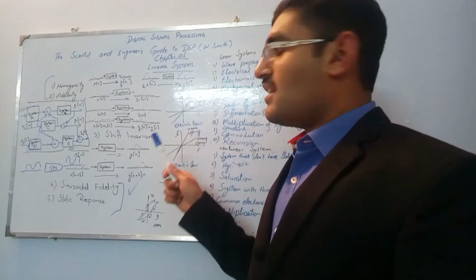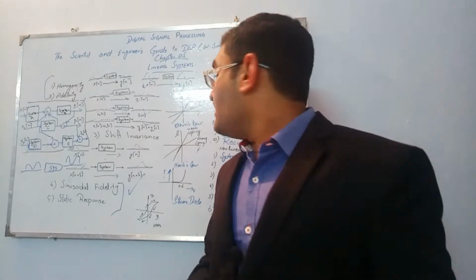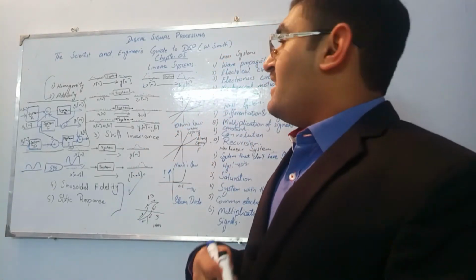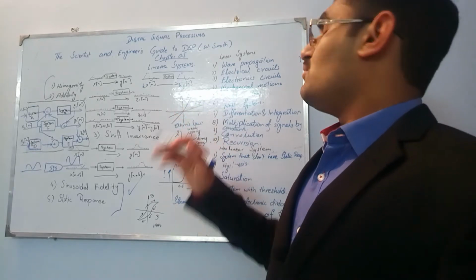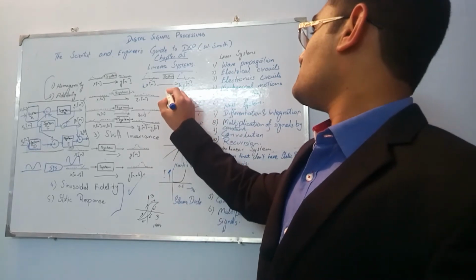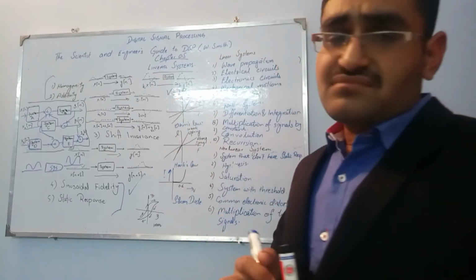First one, I have Ohm's law graph, because you guys love graphs, and you know that Ohm's law states that V is equal to IR.